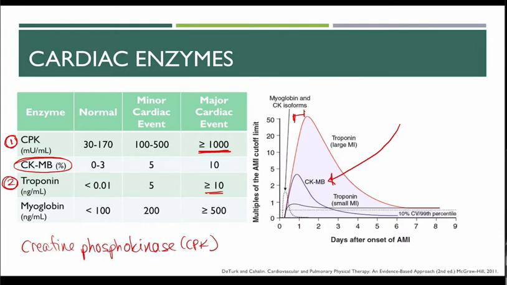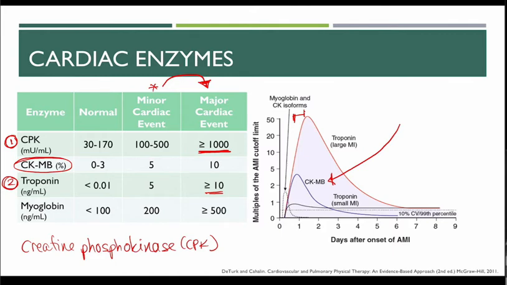As you look at the table in your notes there, you can see there's first a minor cardiac event, and then it talks about a major cardiac event. And the concentration of the circulating enzyme goes up with a more severe cardiac event. Hopefully this is intuitive because these enzymes are supposed to live inside of a myocyte.